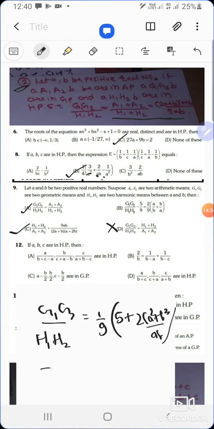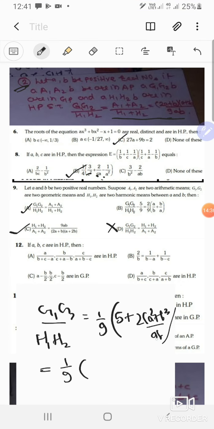Okay, that is going to be 1 by 9 of, you got 5AB over there, so 2A squared plus 5AB plus 2B squared upon AB. Let's just erase that thing, upon 9AB. Does this expand to that? Sure, you got 2A squared over there, and you also got the 2B squared over there.